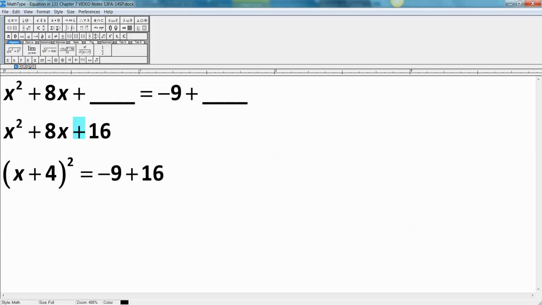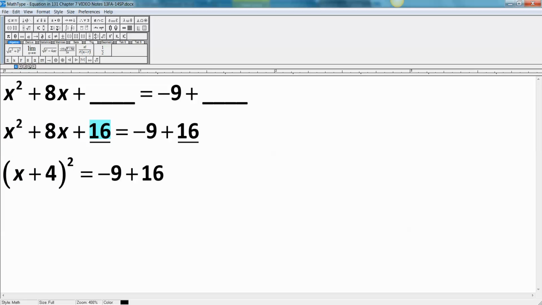And if you add it over onto the left-hand side, you're going to have to add it into the right-hand side. So equals negative 9 plus 16. There we go. So negative 9 plus 16. Then this part over here perfectly factors every time because you set it up this way.